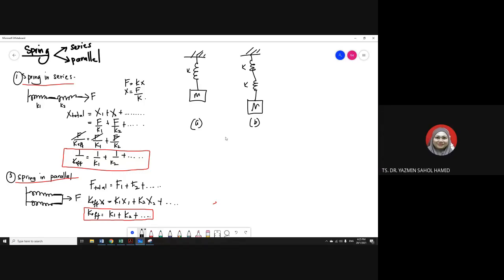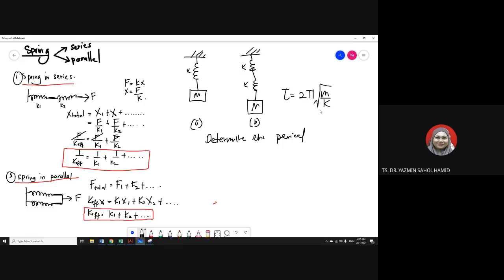When it is spring in series, let's say the question is to determine the period. You remember the formula to determine the period: T equals 2 pi square root of m over k.